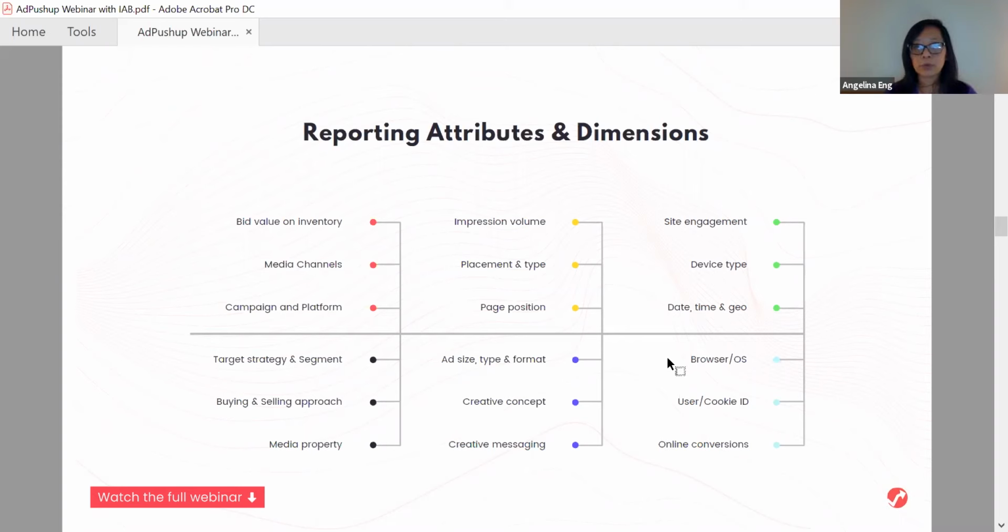But each of these points, I think, is very important, and one attribute or data point that is often very difficult for publishers is the creative concept and the creative messaging. I will say that from an ad ops perspective, if you are a publisher and you are running video, I highly recommend that you migrate over and upgrade to VAST 4, as well as OMID and SIMID.